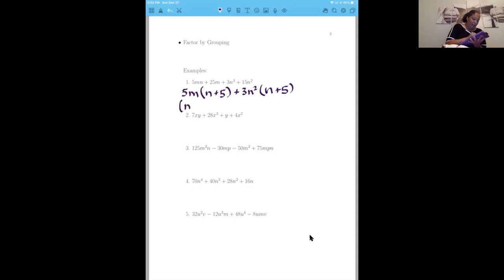So now I'm going to factor out the n plus 5 and see what I have left over. If I have 5m times n plus 5, if I factor out the n plus 5, I have a 5m left over. And on this second term, if I factor out the n plus 5, I have the 3n squared left over. All right, and that's the factorization of number 1.